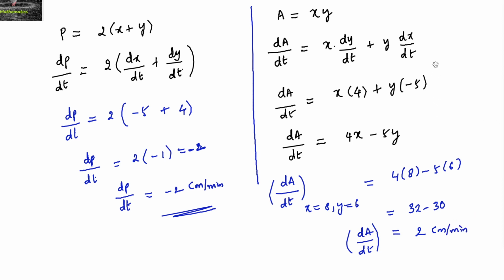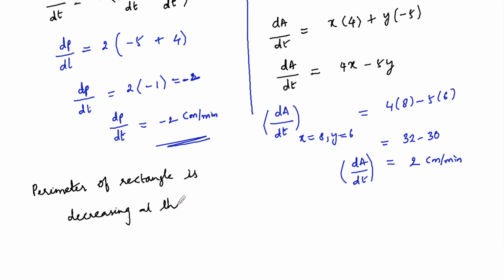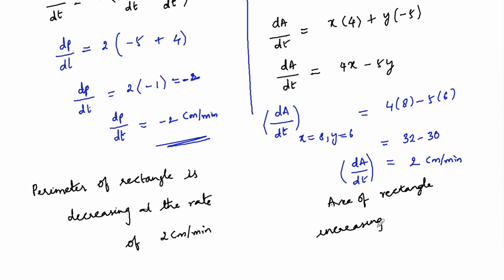So we can give a conclusion. The first one, the rate of change of perimeter: the perimeter of the rectangle is decreasing at the rate of 2 centimeter per minute, and the area of the rectangle is increasing at the rate of 2 centimeter square per minute.